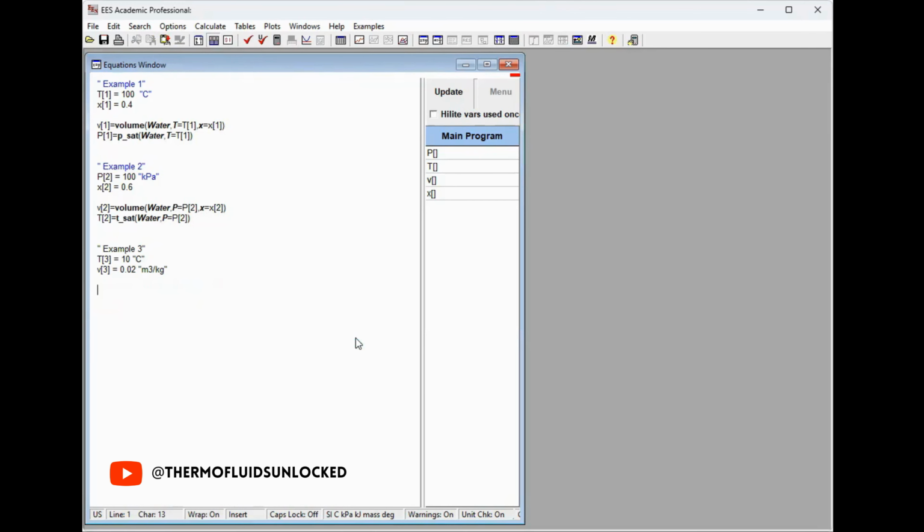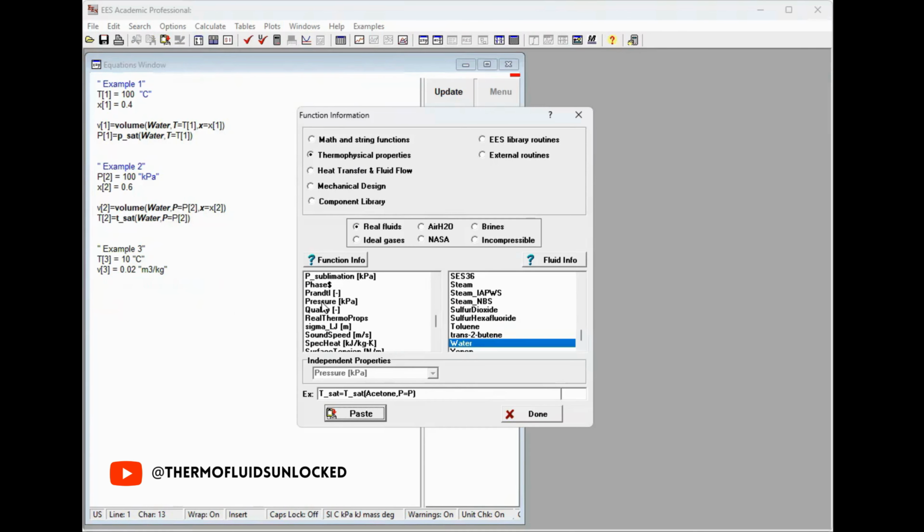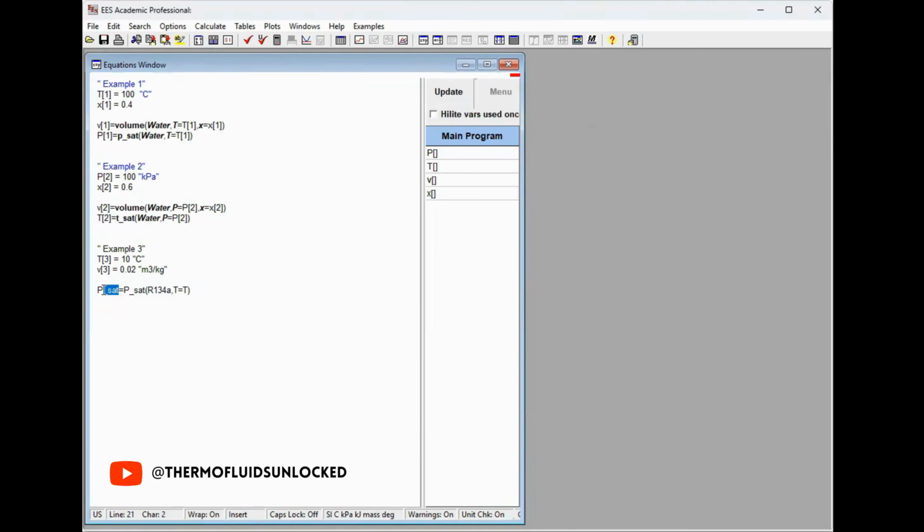So I go here, choose Psat, and change the material to 134A. It should be here, yes. And I paste it. Just need to be careful about the names so that it takes the right input.